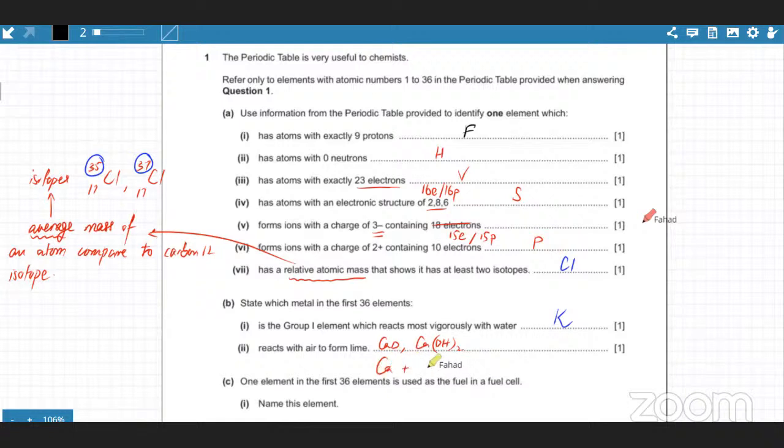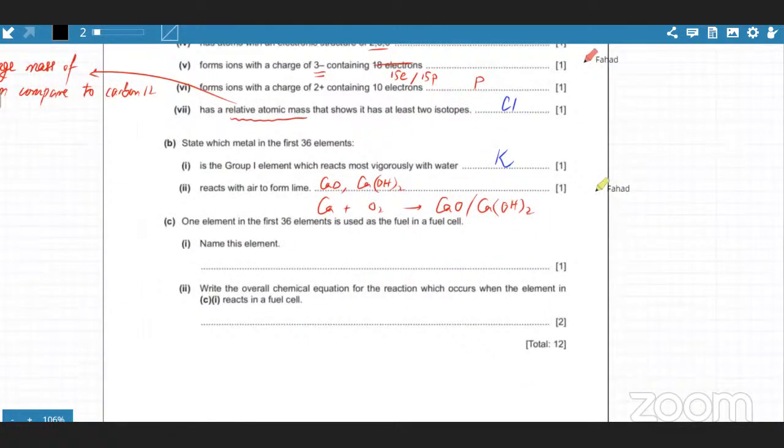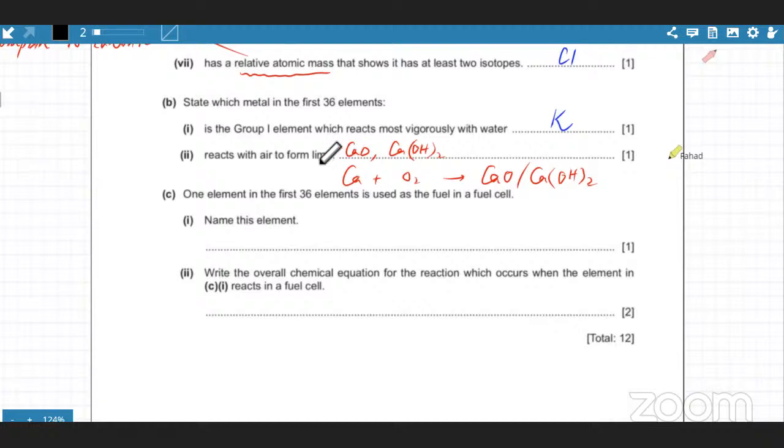Calcium would react with oxygen to produce calcium oxide, and if there's moisture, it might result in the formation of calcium hydroxide. You also have to remember what limestone is. Limestone is frequently used. That's calcium carbonate, a word that you're going to frequently witness in your exams.